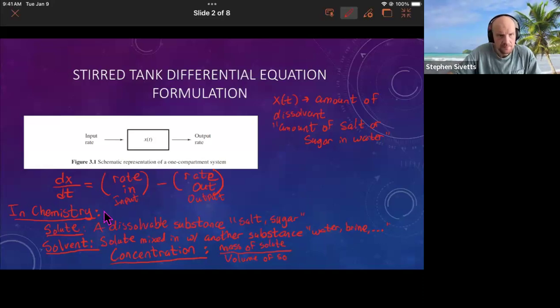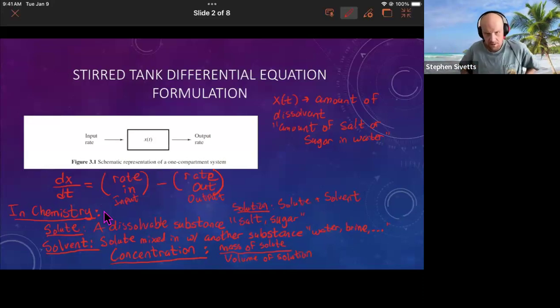The solution being the combination of the solute plus the solvent, right? Okay, so that's the solution here, right? So that's in chemistry.